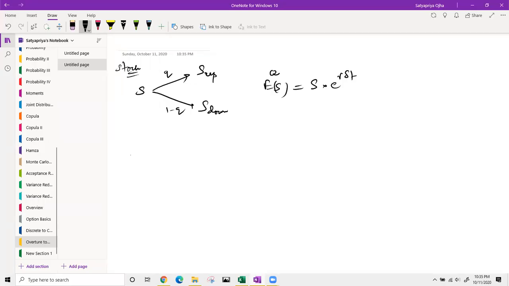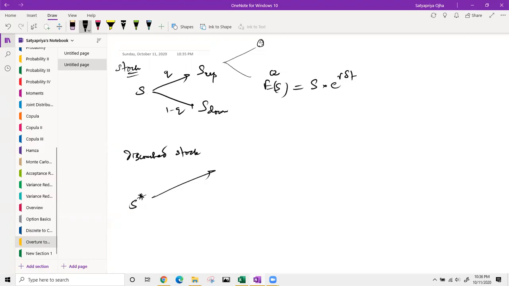This is the discounted stock price, which I'm calling S star. All the stock prices in the entire process have been discounted to today. If there are further branches, those would also be discounted to today.